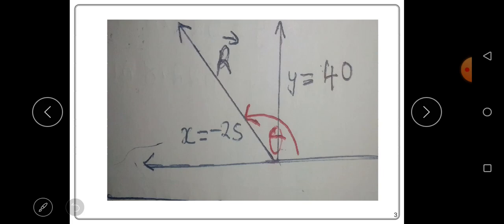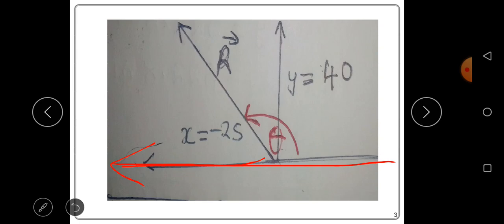This is the diagram representing the vector, because in physics you are always advised, whenever you've been given a question, to draw the simplest possible diagram representing the question. So this is the x-axis. The x component of this vector is negative 25, so this component is in the negative x-axis direction.